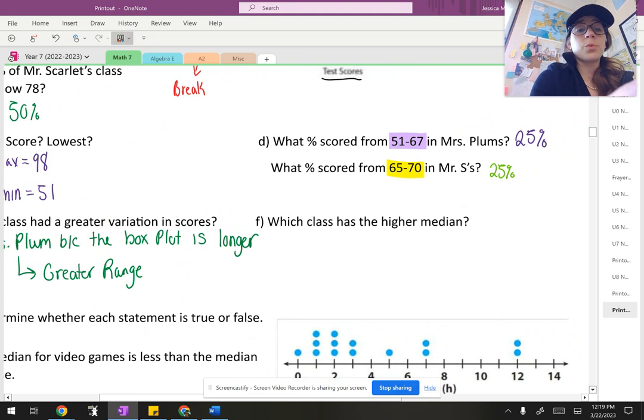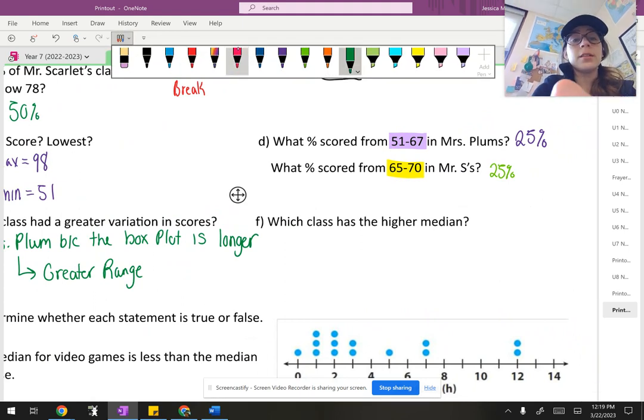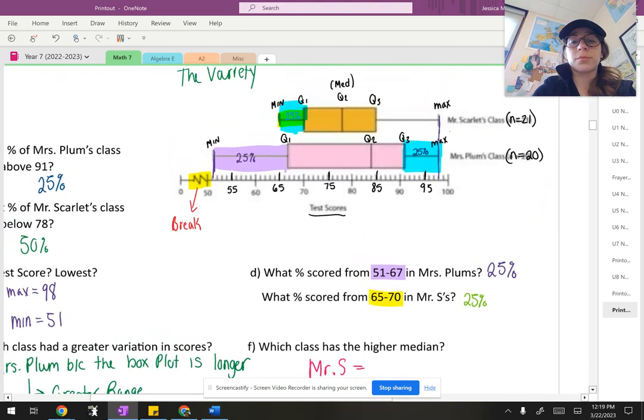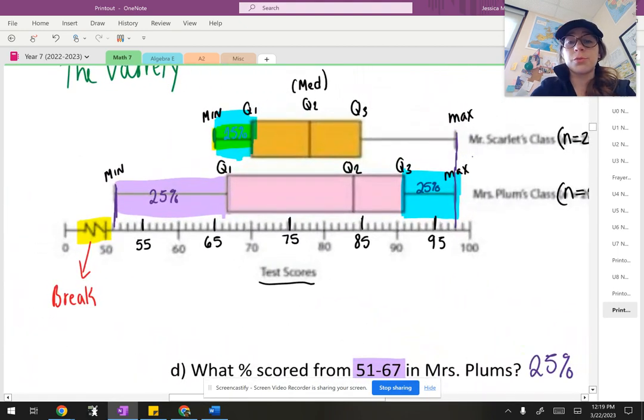Last but not least, which class had the higher median? So again, I'm showing what those medians are. Mr. S's median, Mrs. Plum's median. That's Q2. So Mr. Scarlett's was 78.